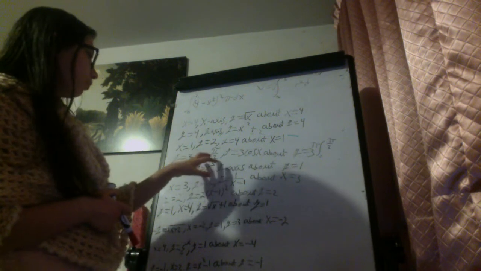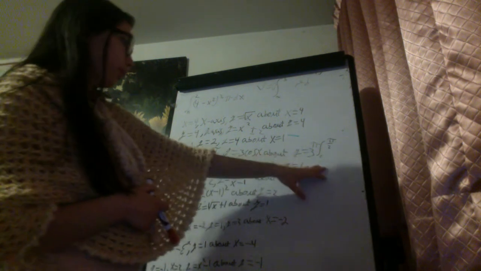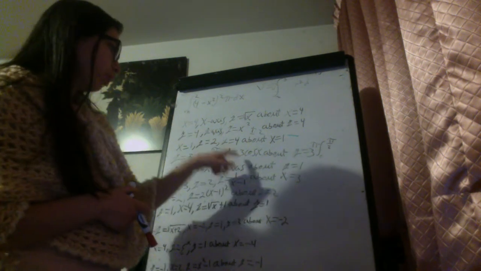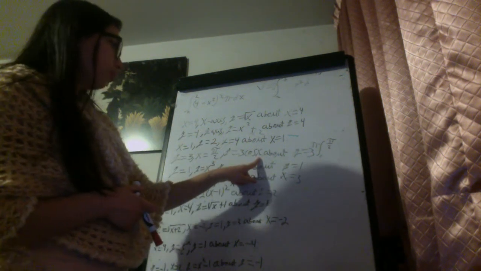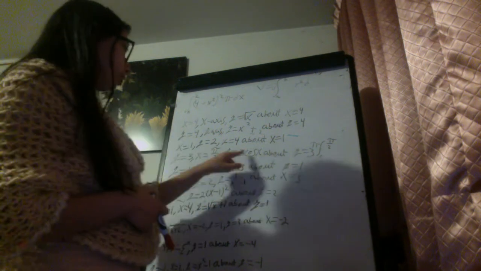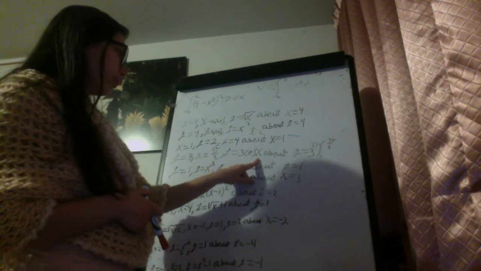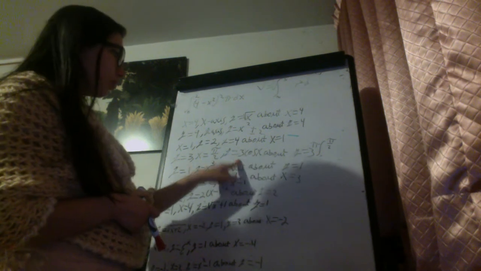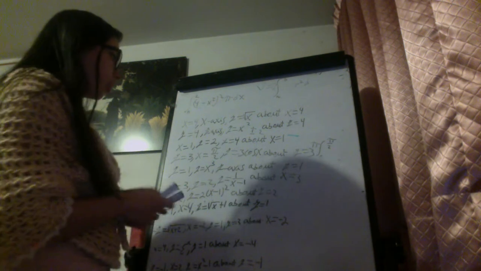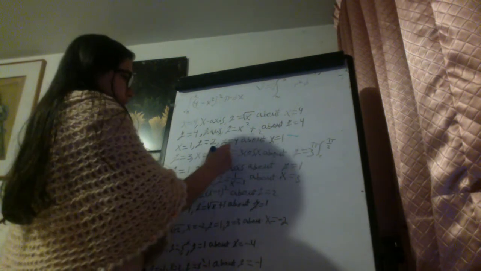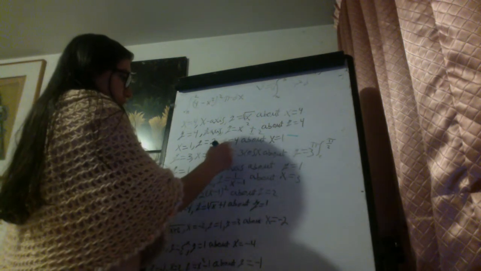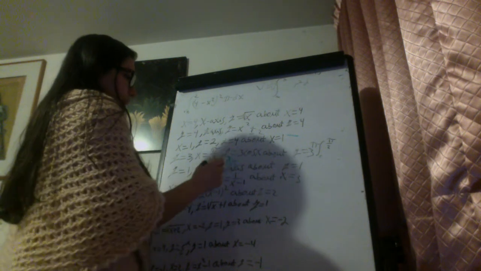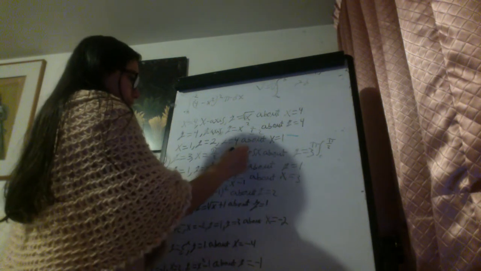So let's pick a point between 0 and pi over 2 and see which one is greater, 3 or 3 cosine x. Let's pick pi over 4. Cosine of pi over 4 is 1 over square root of 2, so it's 3 over square root of 2. Multiplying by square root of 2, we have 3 square root of 2 over 2.